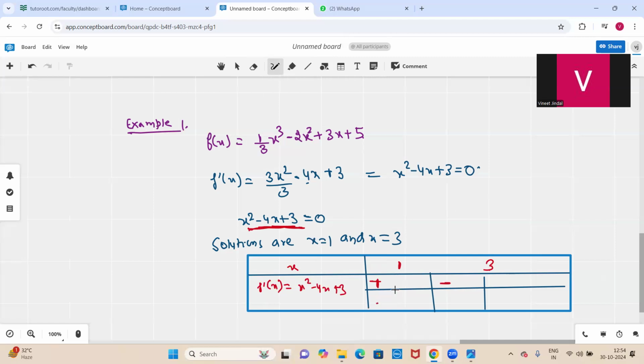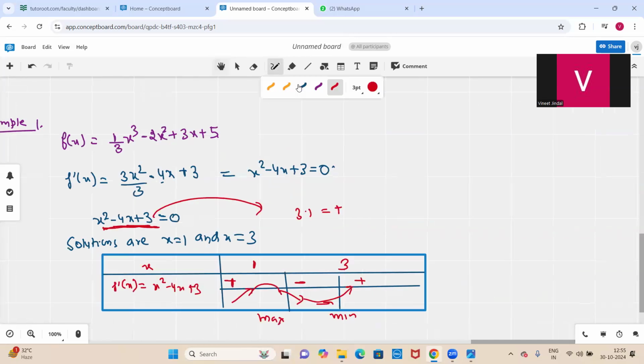So slope goes up and then down. So this is the point of maxima. Beyond 3, suppose I insert 3.1 into the function. It comes out to be positive. So slope goes down and up. So this is the point of minima.